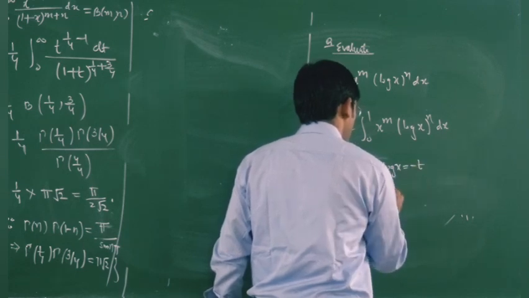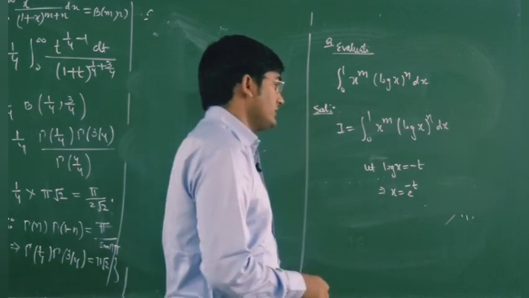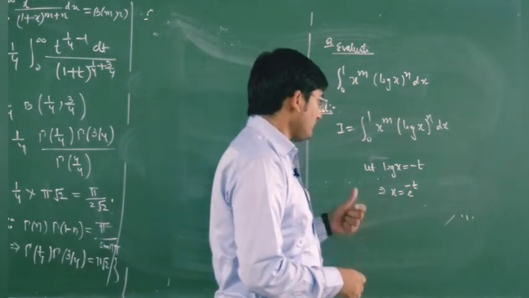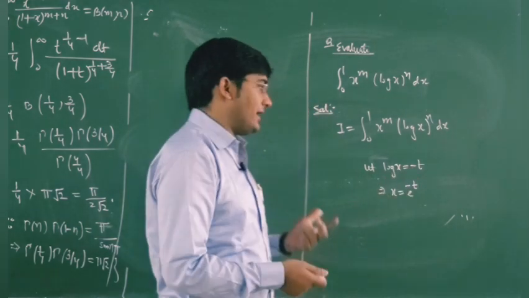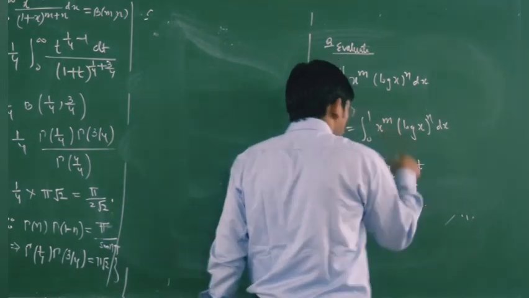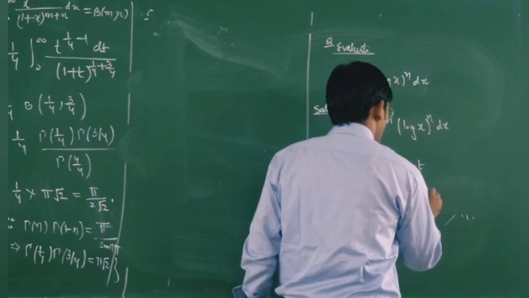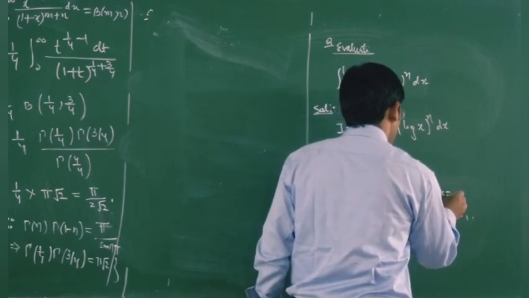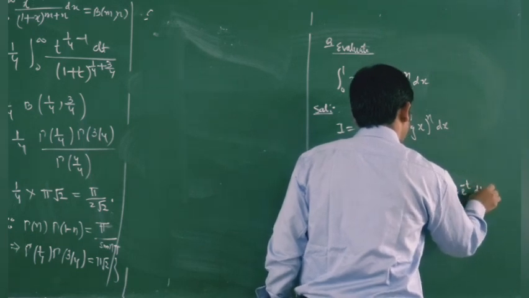From here we will have x equal to e to the power minus t. Now if x is 0, then log 0 is minus infinity, so t will be infinity. And if x is 1, then log 1 is 0. And from here dx will be equal to minus e to the power minus t dt.